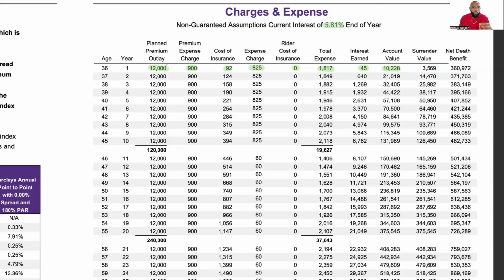So if you do the math of this 12,000 minus all of these charges here, and then you add the interest earned, you should come up with $10,228 of account value.